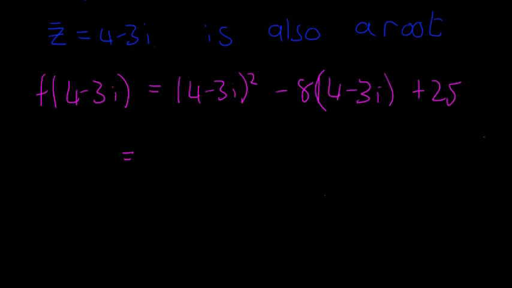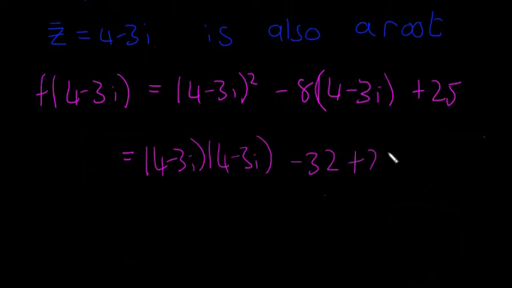It'll just be a bit more clear. So, 4 minus 3i times 4 minus 3i, that's squared, minus, I'm going to multiply this one out now, minus 32 plus 24i, and then plus 25. So it's minus 8 by each term here.